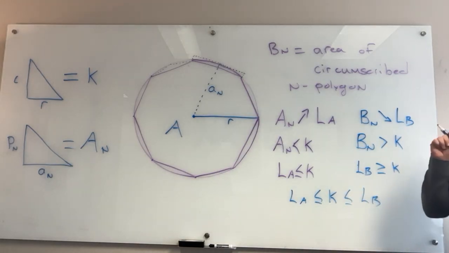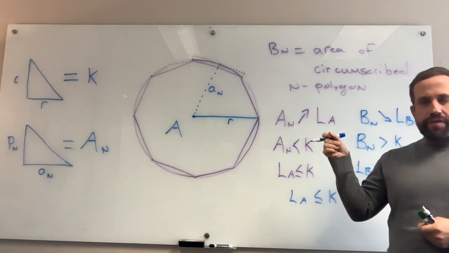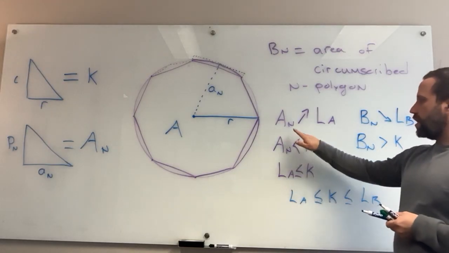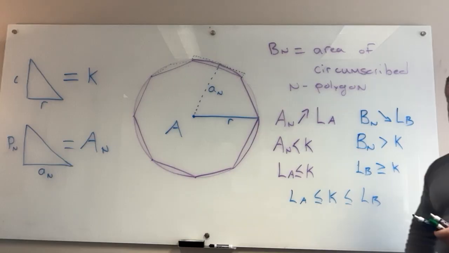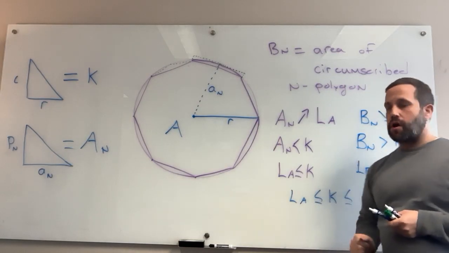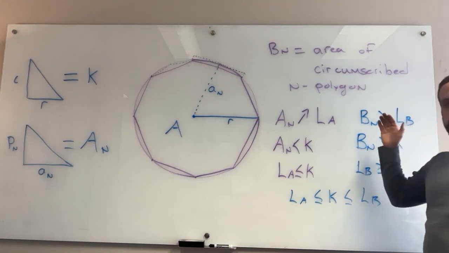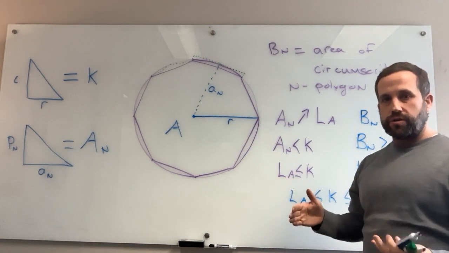Now I'm going to explain this next fact and let you think through if I'm going a little too fast here. As n goes to infinity, A_n is getting closer and closer to the area of the circle because the leftover area goes to 0. And I know that B_n, I didn't prove this, the leftover area of the circumscribed polygons also goes to 0.